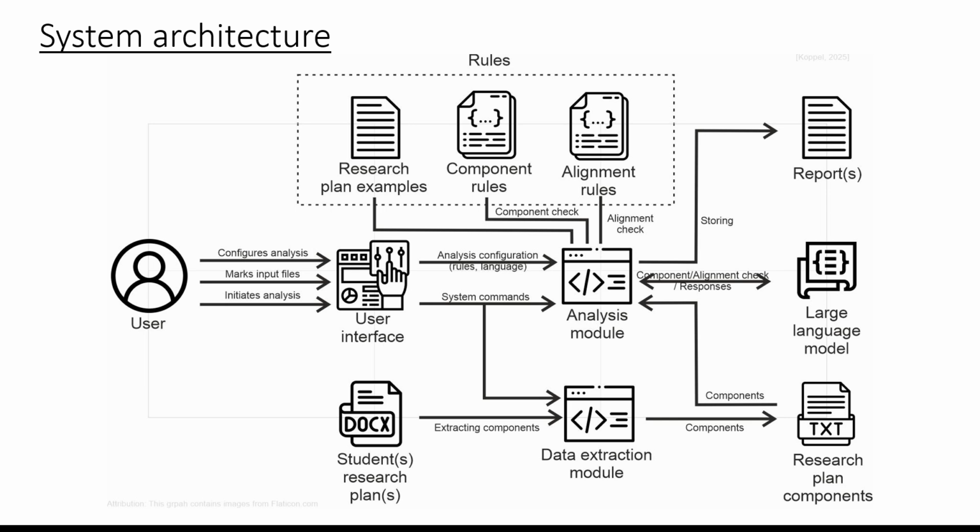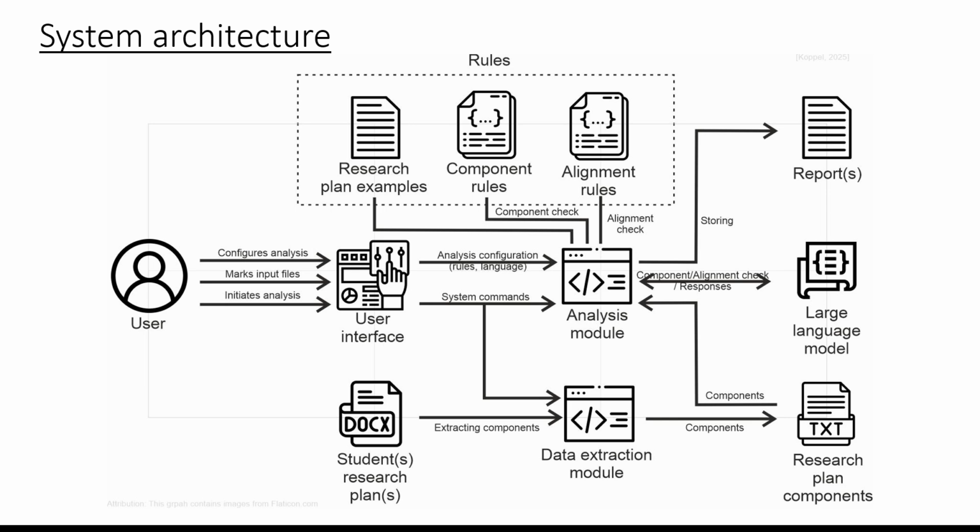Then we have the data extraction module, which extracts each component from the research plan for further analysis. Then we have research plan components. This is a repository of extracted components used for comparison and evaluation. These are the components we just went through in the lengthy slide previously.